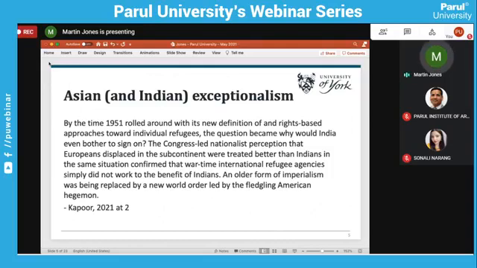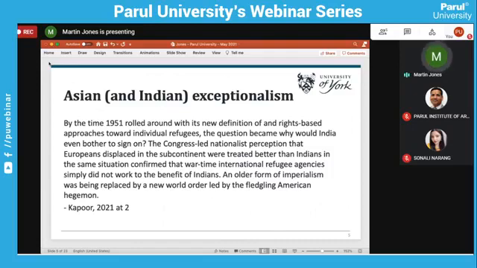To put it more directly, UNHCR had no ambition to conduct operations outside of Europe at that moment, which wasn't going to be a lot of help to India. And the Refugee Convention allowed states to define refugee in a Eurocentric way, as refugees coming from Europe, and thereby to exclude refugees displaced elsewhere in the world.